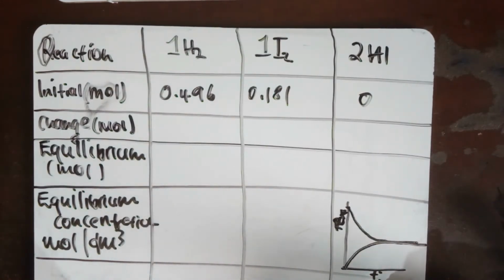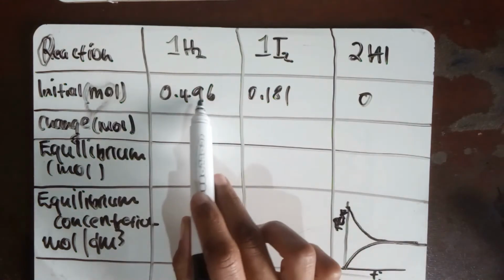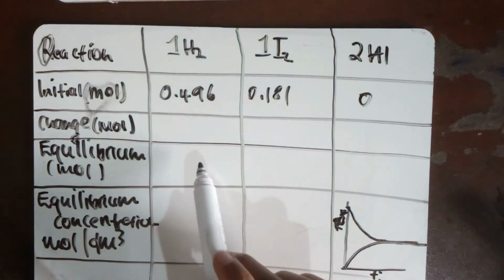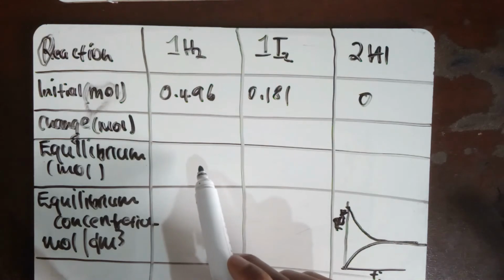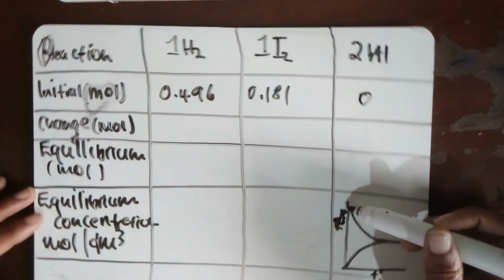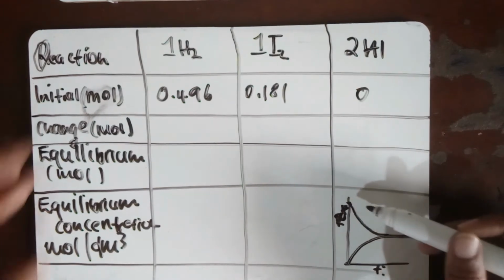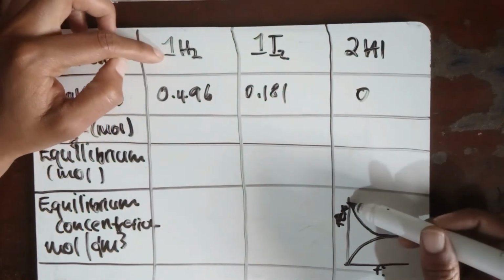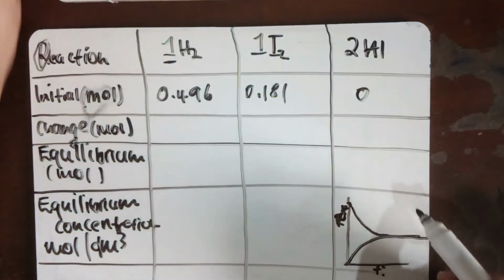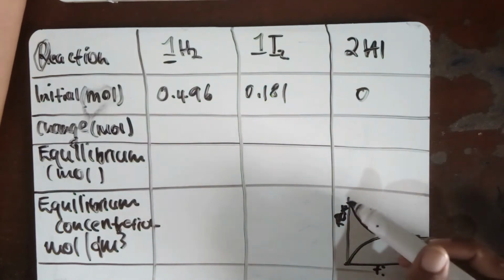And now we will say, okay, what is the change in the number of moles before it reaches equilibrium? So if we started with this and we want to find the equilibrium value, what is that change? And to find it, we'll simply say, okay, the number of moles of hydrogen starts off as 0.496, and remember the coefficient is important, and then it decreases by a certain number.